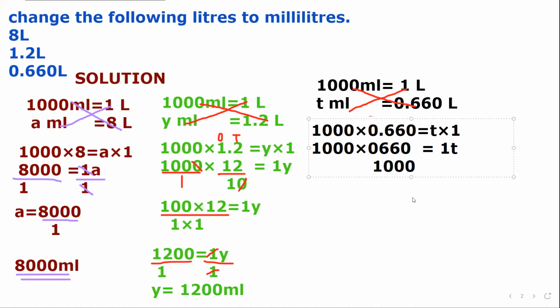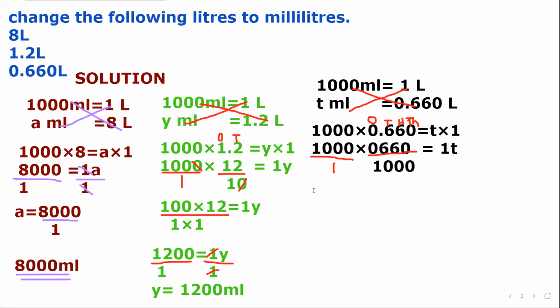Okay, so let me write now. That is that. Okay, and every whole number here is over 1. Now we have the 1000 times any number that begins with 0 is the same as that.